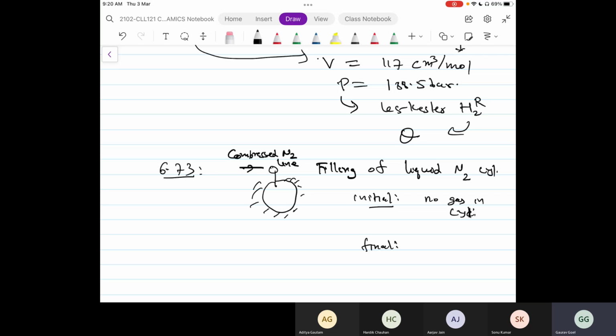Final state, they're telling you when to stop. So read the problem statement, they're telling you when to stop. So from there you can do the calculation. But tell me what will happen initially. When compressed nitrogen is entering an empty space, what do you think will happen?